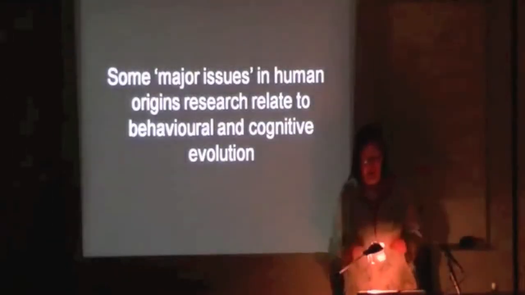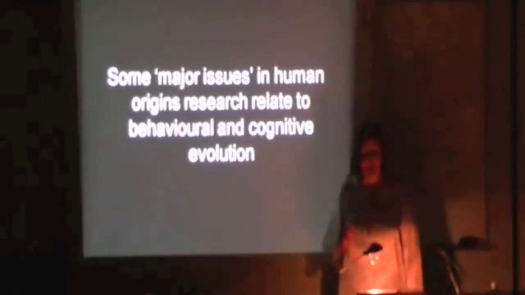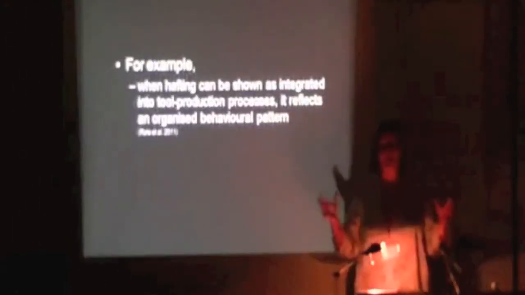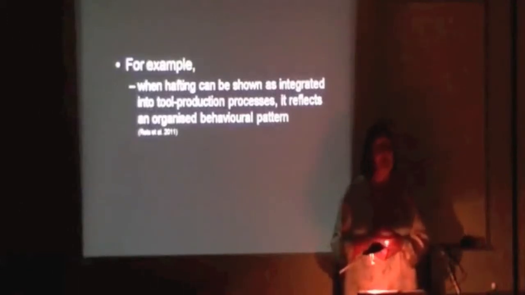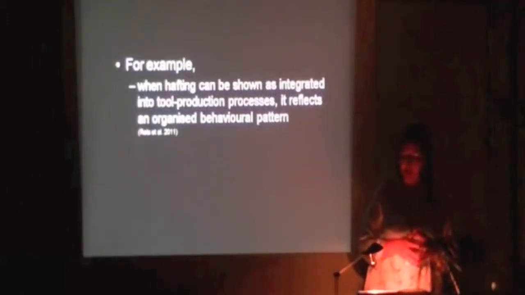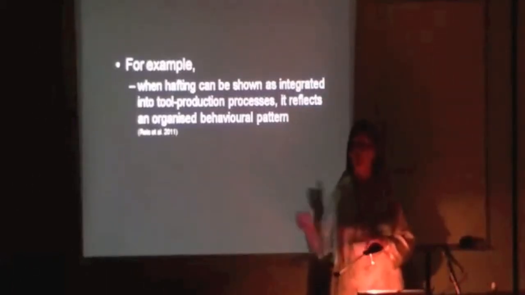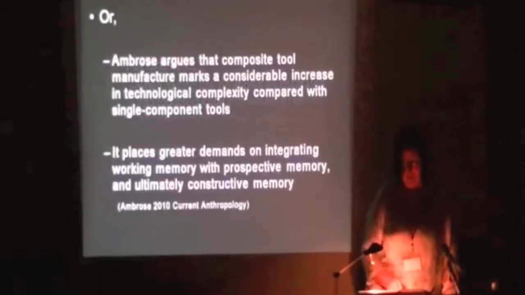Some major issues from Uncle Screwtape in human origins research relate to behavioral and cognitive evolution. For example, Fiona tells us that when hafting can be shown as integrated into tool production processes, it reflects an organized behavioral pattern. And of course, it is very important that we can see that very early on.